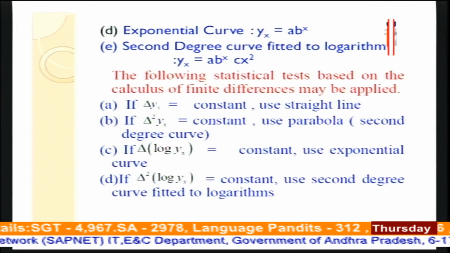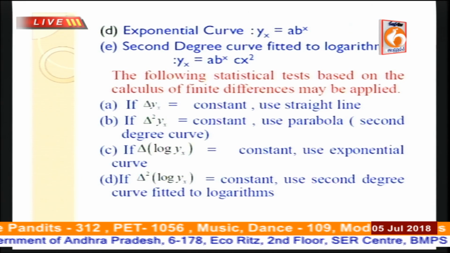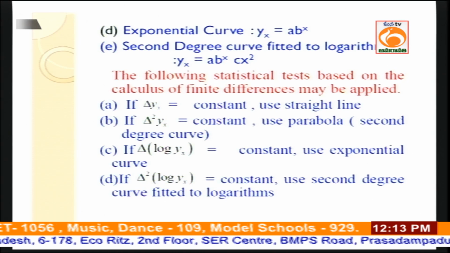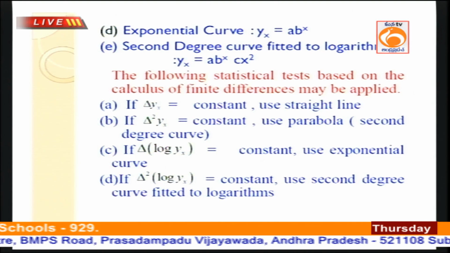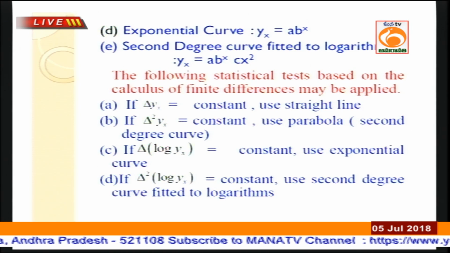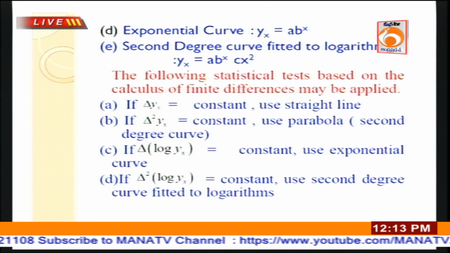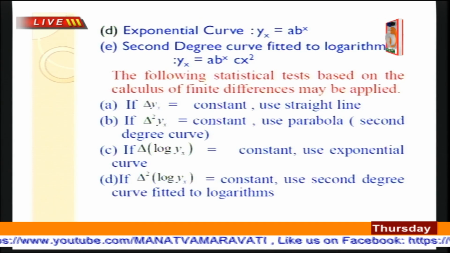Using higher mathematics, by using the finite difference concept, we can also identify the models here. In finite differences, delta y(x) is a small increment in y(x), that is, f of x plus h minus f of x is called delta f of x.